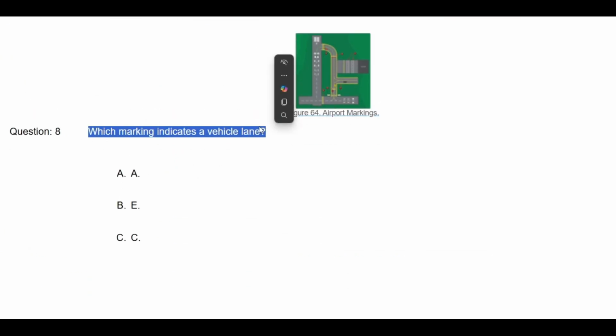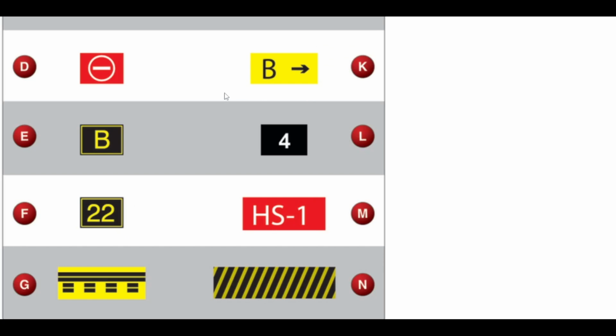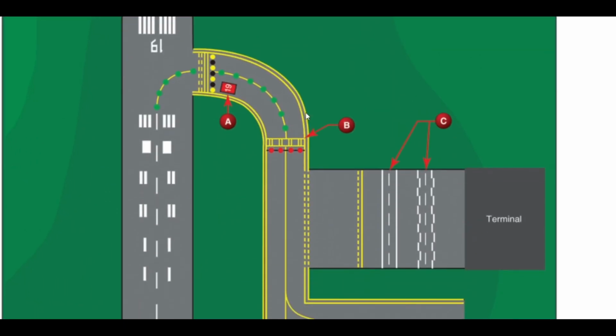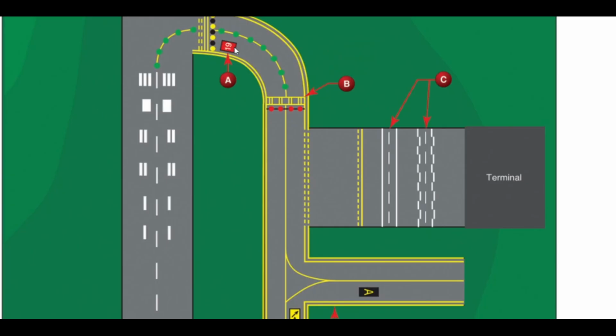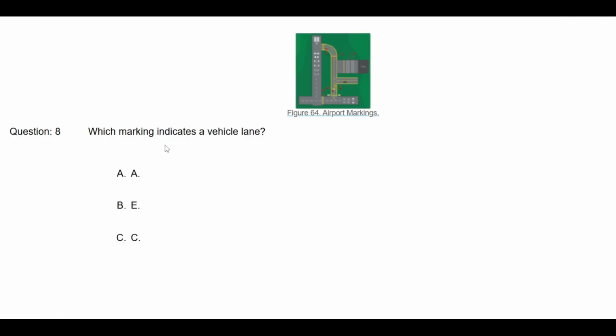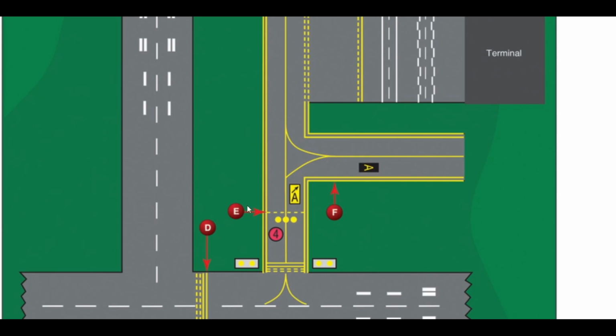Which marking indicates a vehicle lane? Let's head to this image. With A, no, A is just the indications of the runway, 19, 19. E, no, it's just another hold short line for an intersecting runway.